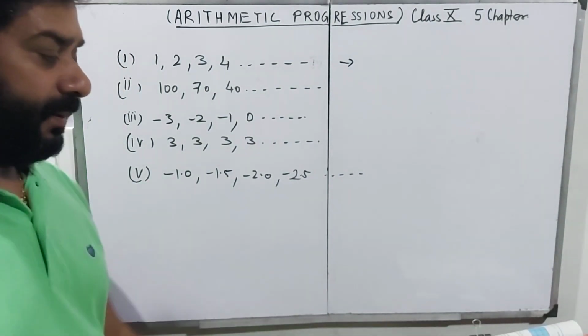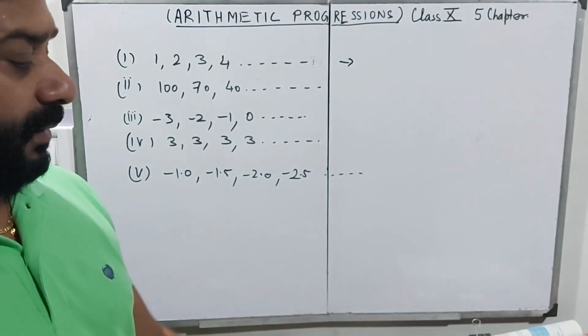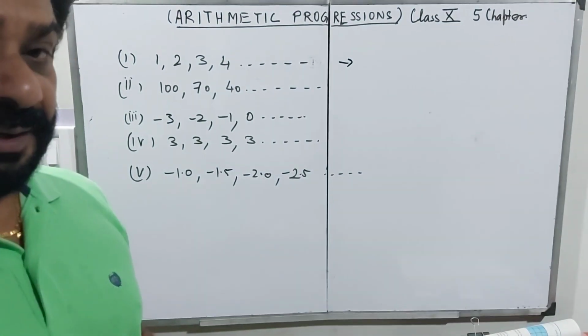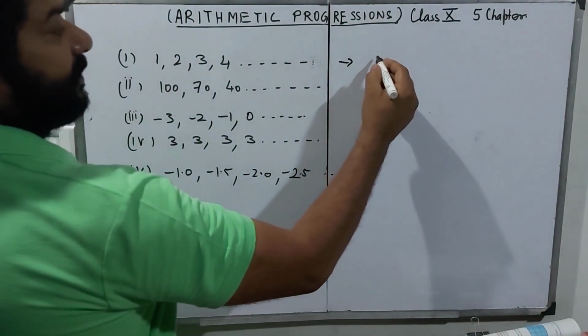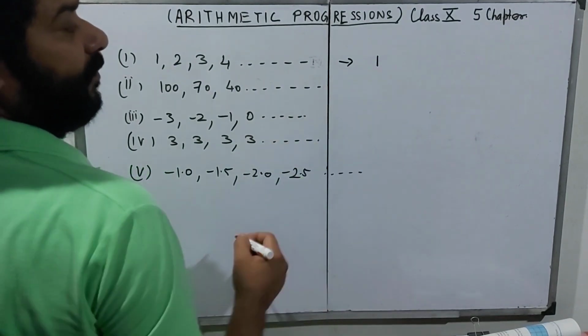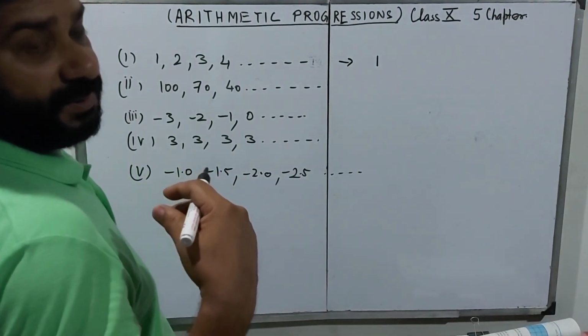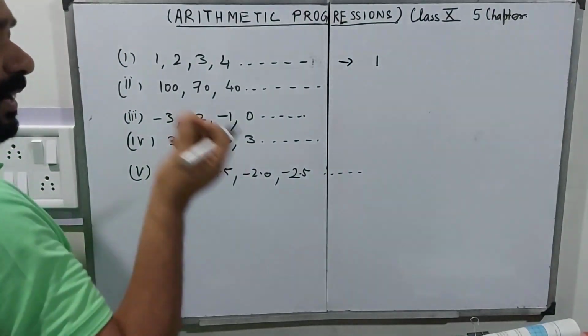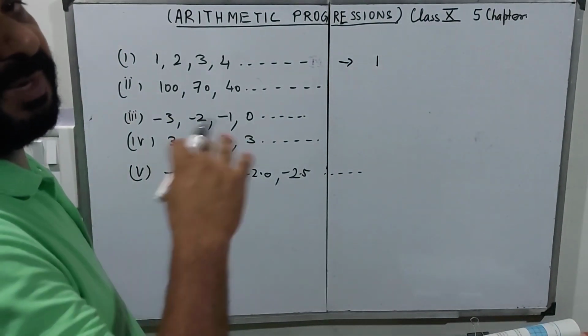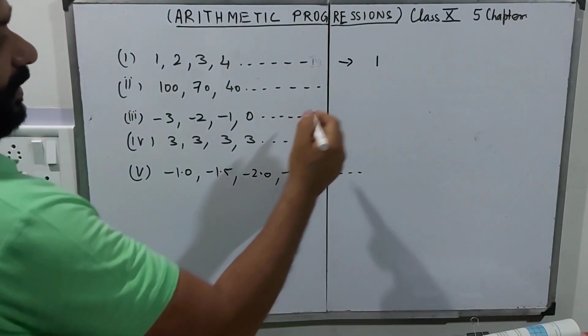Therefore, in this case, 1 is the fixed number which, added to the preceding number, gives the next number.